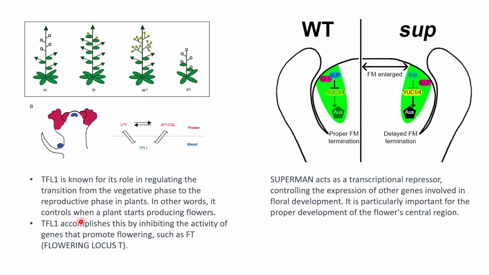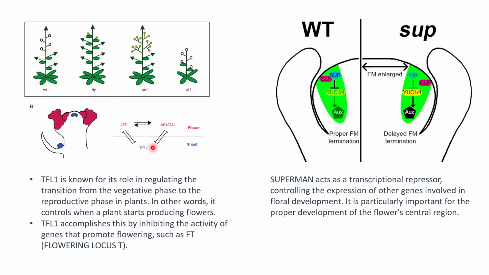In other words, it controls when a plant starts producing flowers. TFL1 accomplishes this by inhibiting the activity of genes that promote flowering such as FT, flowering locus T. So we have LEAFY, we have AP1, CAL. LEAFY and AP1, these genes promote flower formation, while TFL1 inhibits them; they are mutually inhibited. So these relationships are mutually inhibitory.